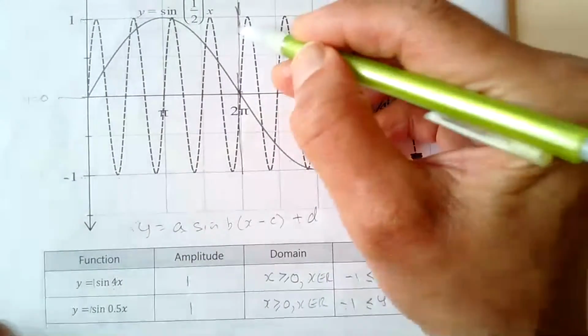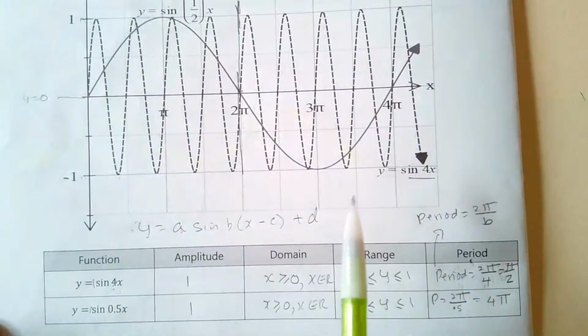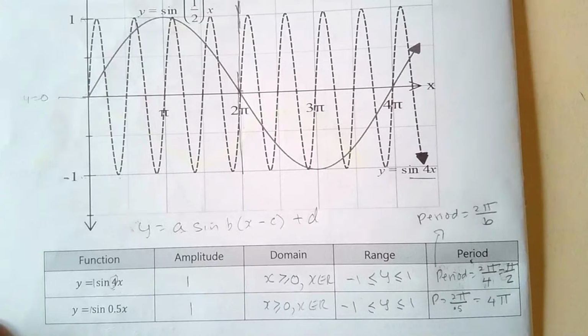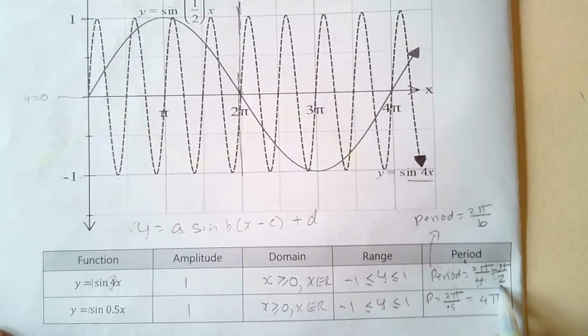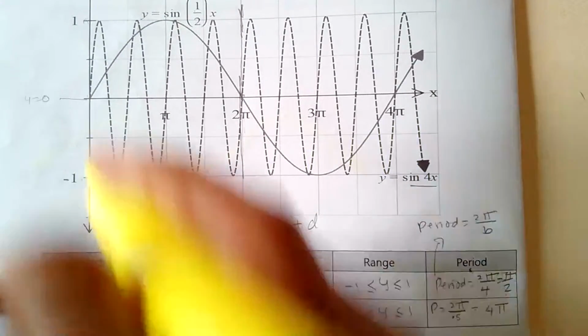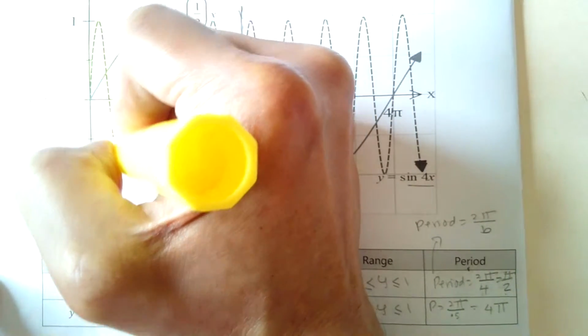So we're looking at the one with a dotted line. Now look how many cycles there are. According to this, there should be 4 cycles, and the period should be half a pi. In other words, a complete cycle should be half a pi. So let's look at what we have here. So this is our one here. So this is one cycle.